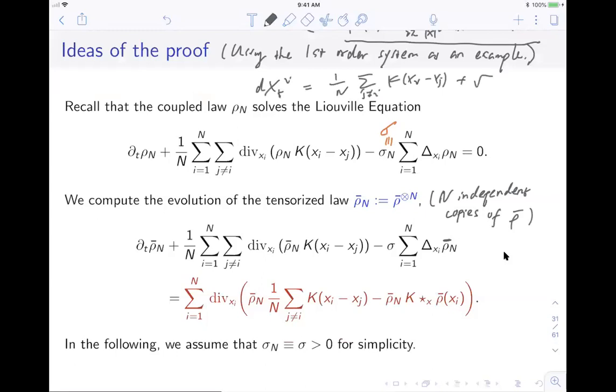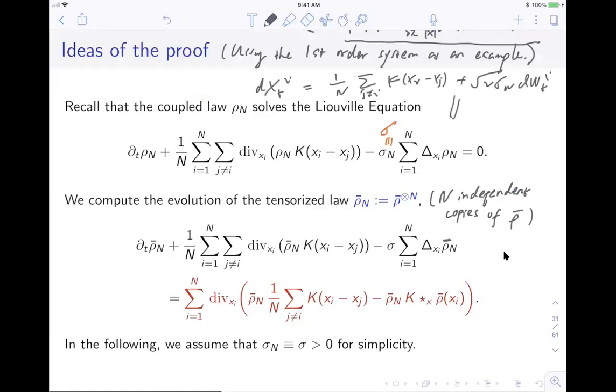The W_i are Brownian motions. K here you can just choose a Biot-Savart kernel or other kernels.